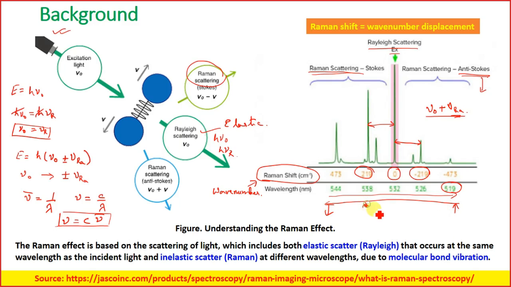Frequency is related to the energy, equal to h mu. So the anti-Stokes lines are basically having higher energy.